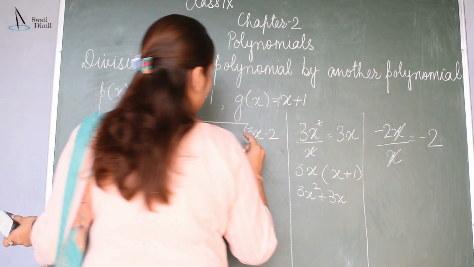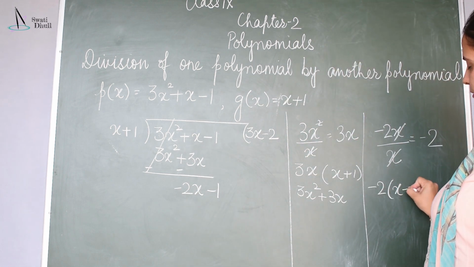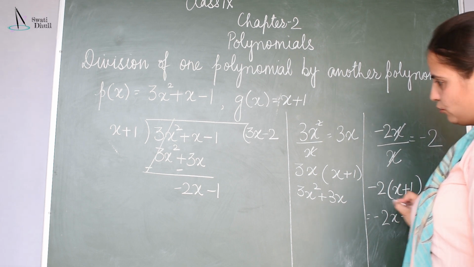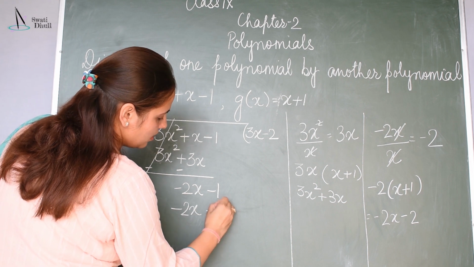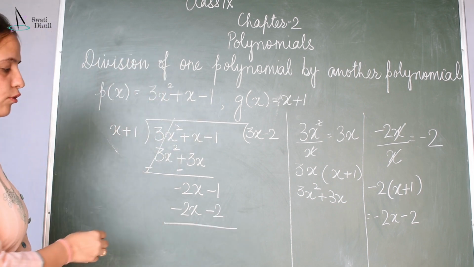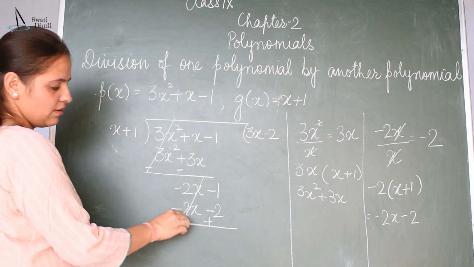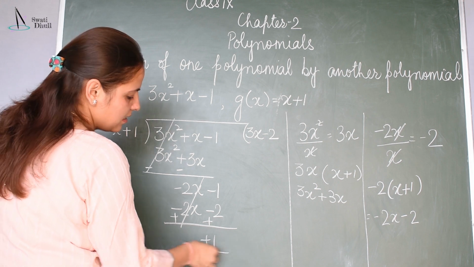Now multiply this minus 2 with the divisor. So minus 2 into x plus 1. What you will get? Minus 2x minus 2. Now write here minus 2x minus 2. Now you have to subtract, so this will become plus, this will become plus, so they will be cancelled out. Minus 1 plus 2, you will get plus 1.